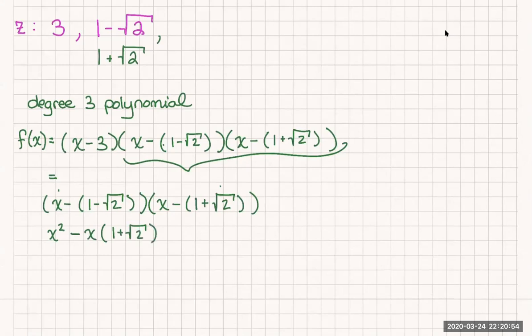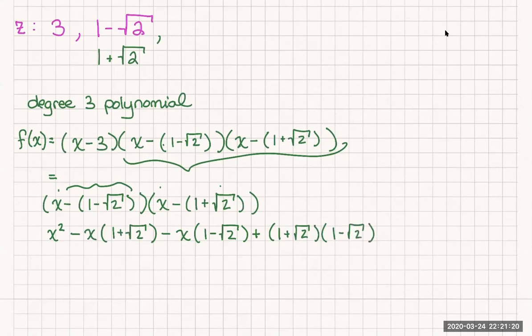And then inside, so this part times this. So that gives me negative x times 1 minus root 2. And then the last. So negative times negative is positive, so plus 1 plus root 2 times 1 minus root 2.